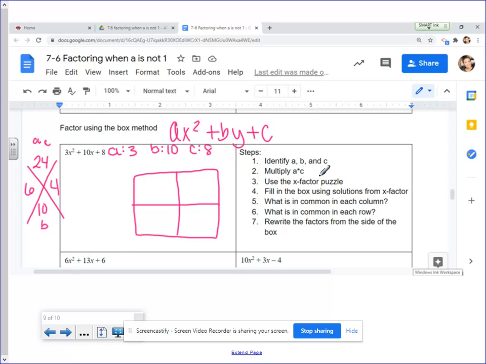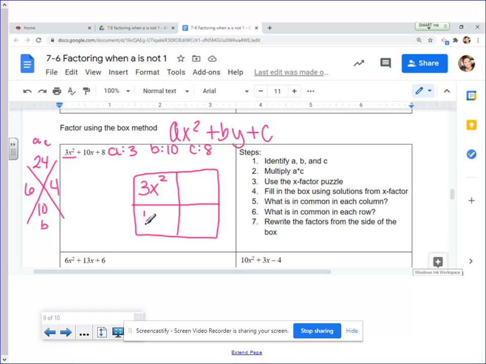We're going to start by writing our first term in our trinomial, 3x squared, in this top box. Then we're going to write our 2 answers to our puzzle.